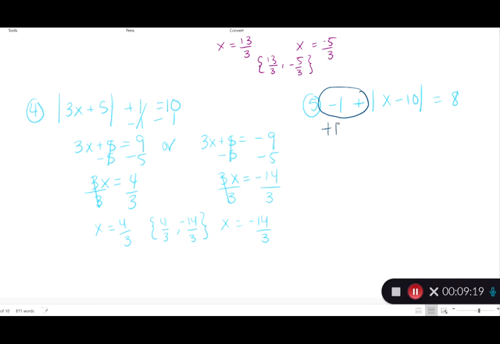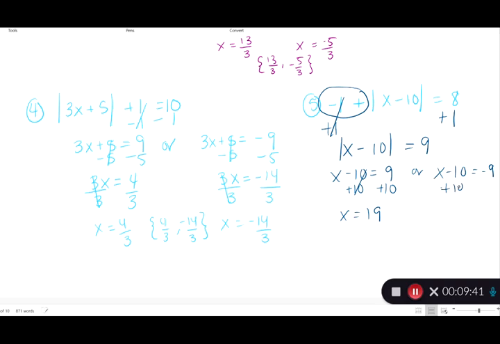So I need to do plus 1 and plus 1, which would give me the absolute value of x minus 10 equals 9. So x minus 10 equals 9, or x minus 10 equals negative 9. So plus 10, x equals 19, plus 10, x equals 1. So 1 and 19 is the set of numbers that is my solutions to this problem.